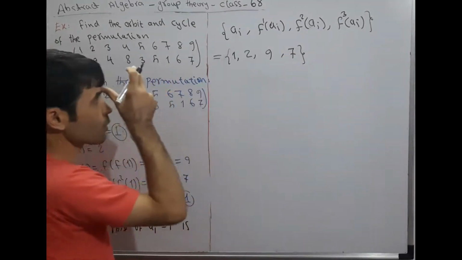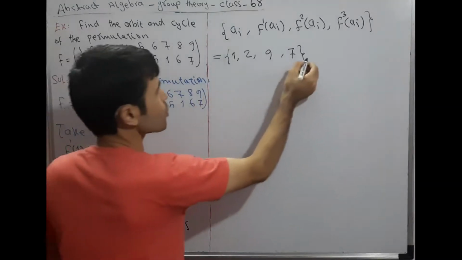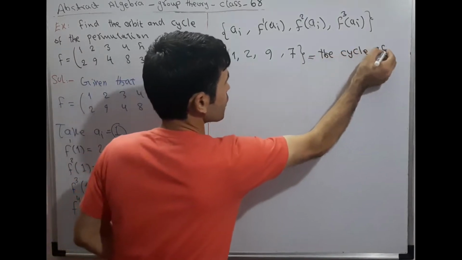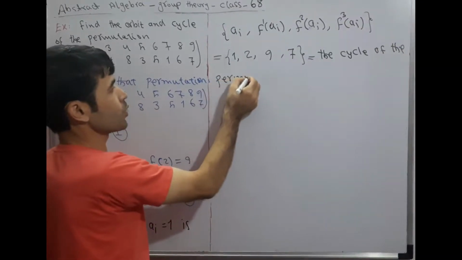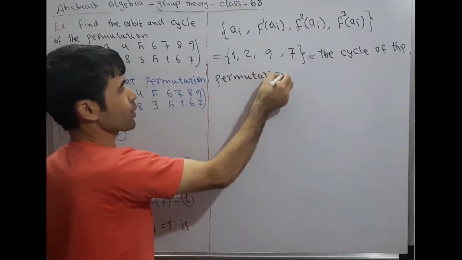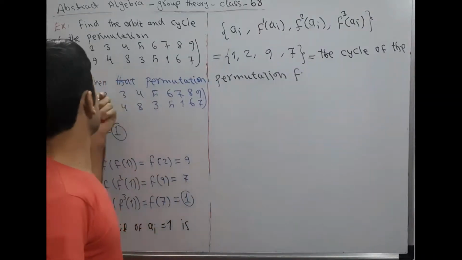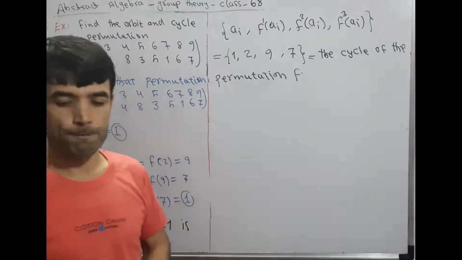It is the orbit of element a_i equal to 1. Also, it is the cycle of the permutation f. It is the solution of this example for element a_i equal to 1.